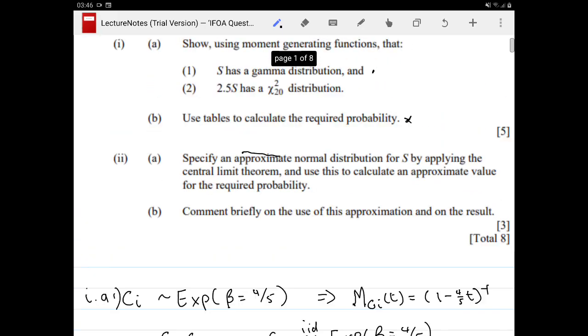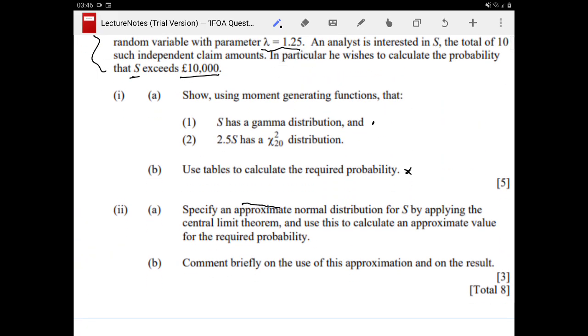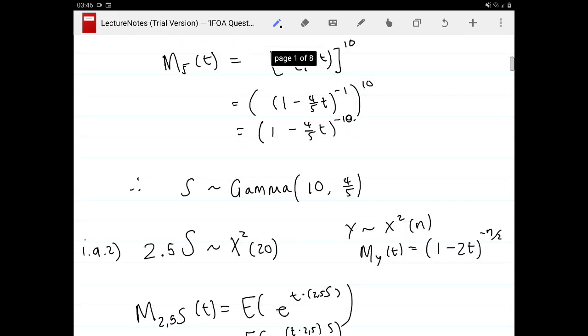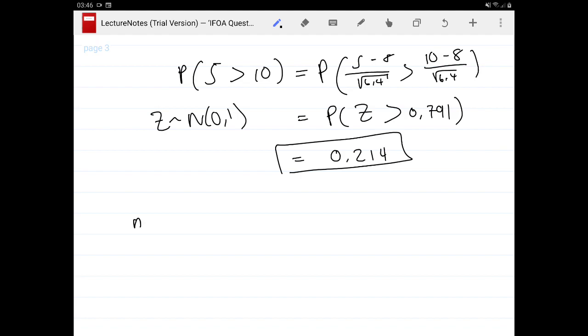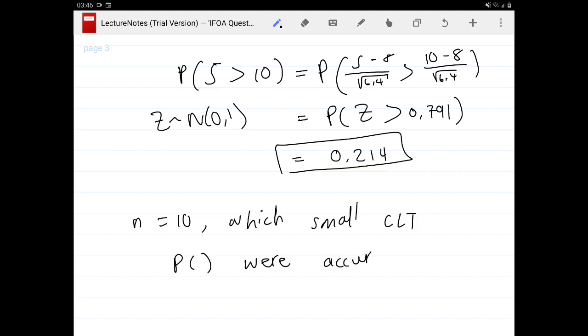So this is our approximate probability, 0.214, and our exact probability was 0.2014. When we're asked to comment briefly on the use of this approximation, we can say our n value was only equal to 10, which is quite small for the CLT. Most of the time your CLT will want at least 30 samples, but instead we had a sample size of 10, and our approximate probabilities were accurate to one significant digit.